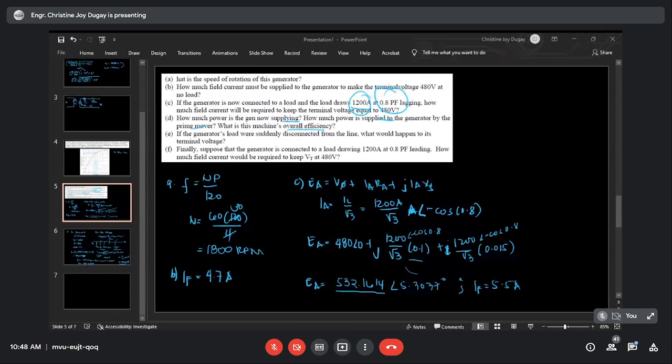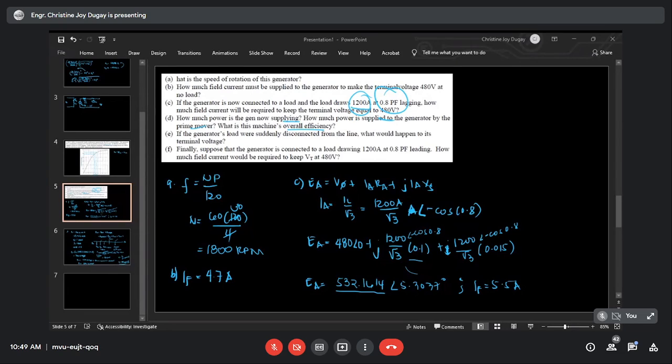Biglaan yung tatanggalin yung load. Tataas ang voltage niya. Tataas ng terminal voltage mo.